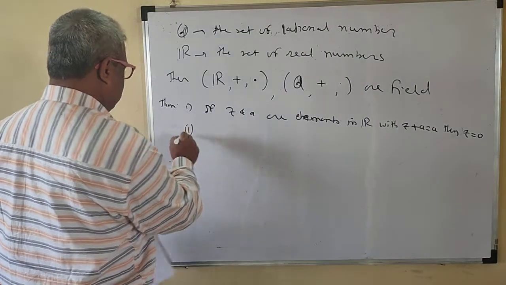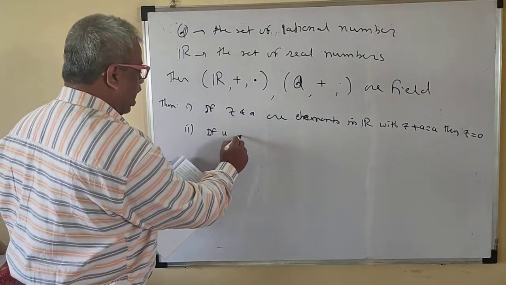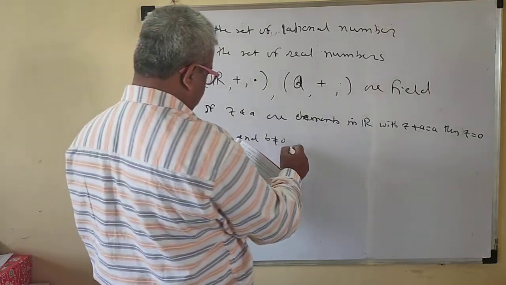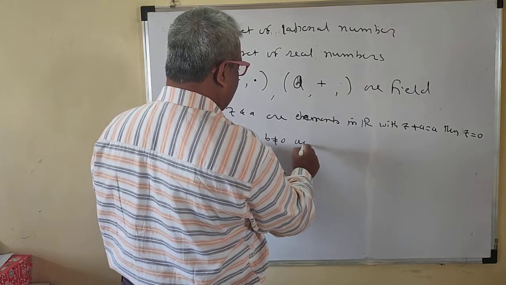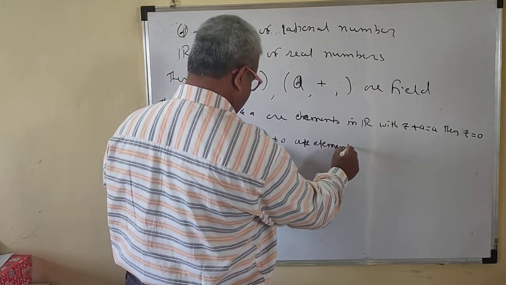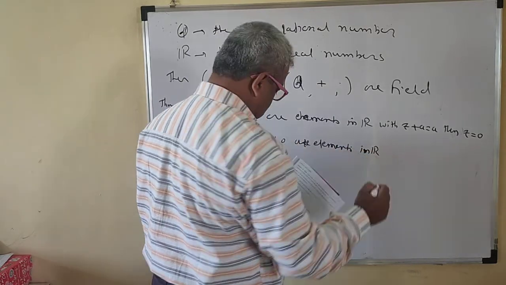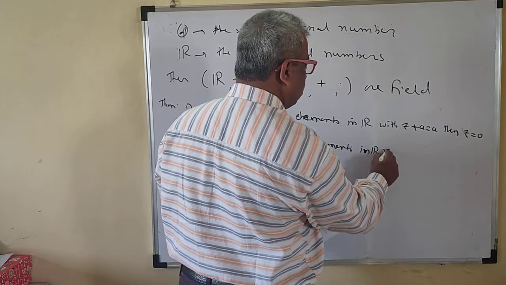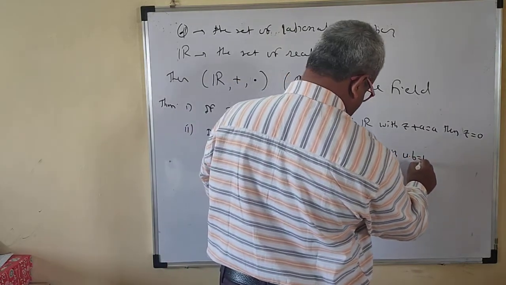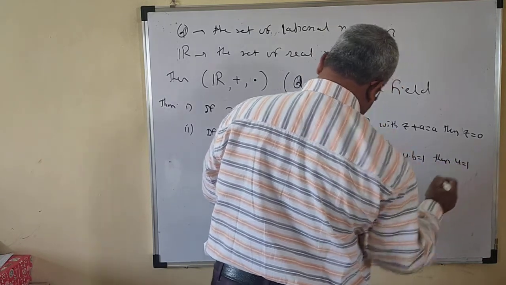Second, if u and b, b not equal to 0, are elements in R with u into b equal to 1, then u is equal to 1.